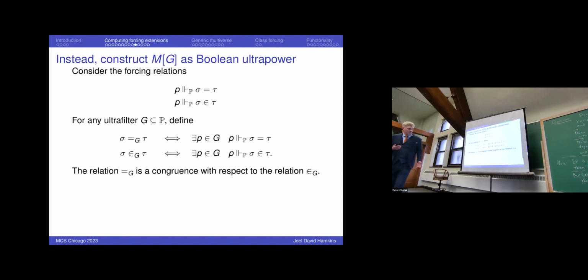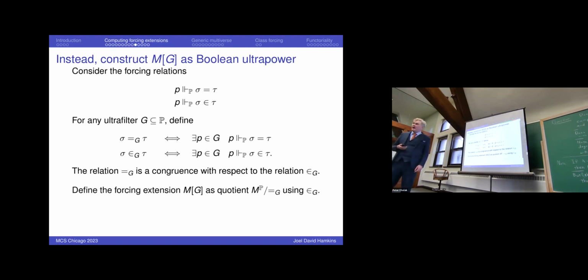Then you can prove that that equivalence relation is a congruence with respect to this membership relation, and so you can define the forcing extension simply as the quotient structure by that equivalence relation.